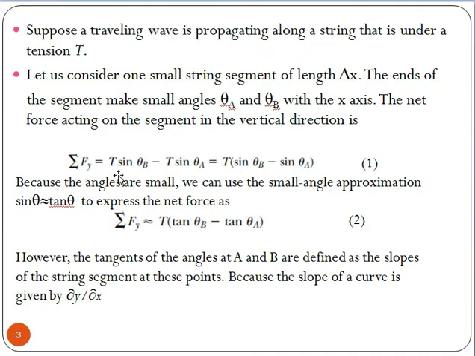So the net force is T sin θB − T sin θA, which is equal to T (sin θB − sin θA). As this is a very small length element, the angles subtended with the horizontal axis are very small, and for small angles we can use the approximation that sin θ is approximately equal to tan θ.